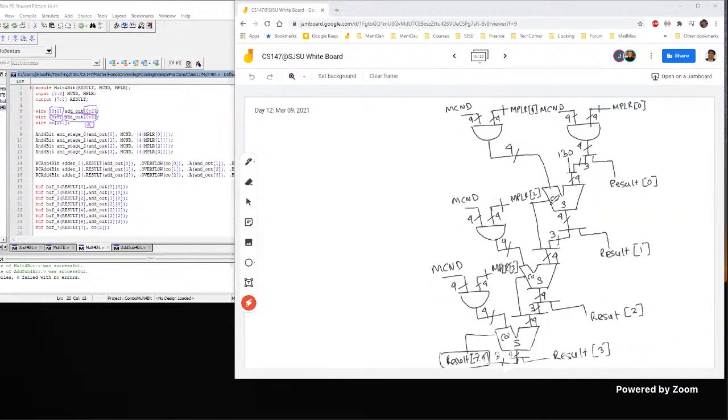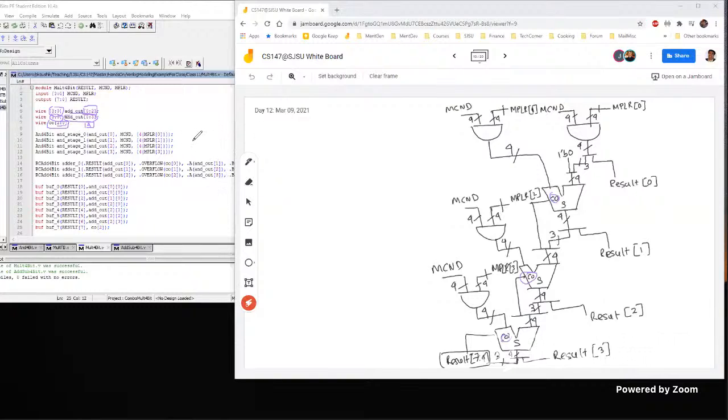Similarly, for the carryout, we have 3 carryouts, an array of carryout signals. I could have done it as a 3-bit bus, but I can do it the other way also. There is nothing right or wrong there. It's just an array of wire of 3 elements.